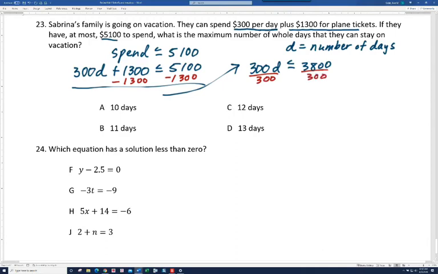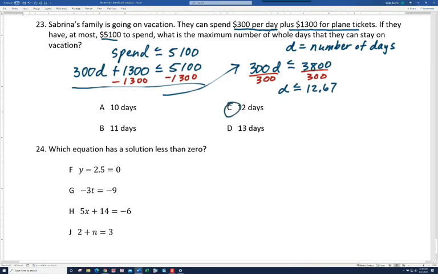And so when you do that, you should get D is less than or equal to about 12.67. So they can't quite stay 13 days. It would need to be 12. That's because we need full days here. And so your answer here is going to be C.